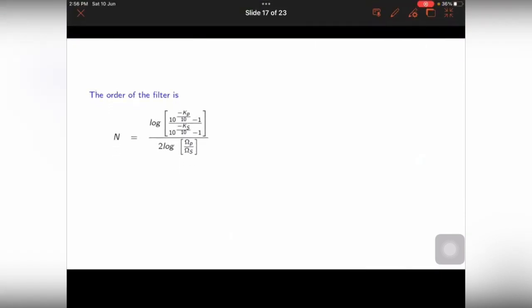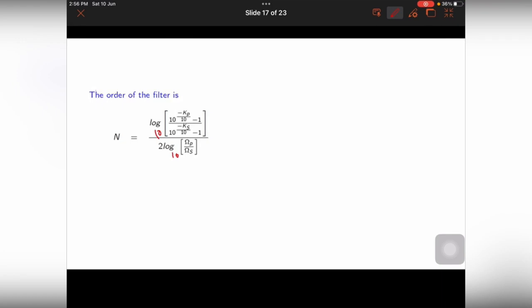N is equal to log to the base 10 of 10 to the power of minus Kp by 10 minus 1 divided by 10 to the power of minus Ks by 10 minus 1, whole divided by 2 log to the base 10 of omega p by omega s.